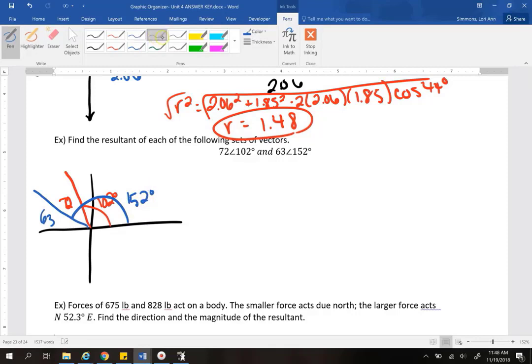So we're looking for this resultant right here. So what we're going to do is make a parallelogram out of it. So this length is 72 over here. This is 63.